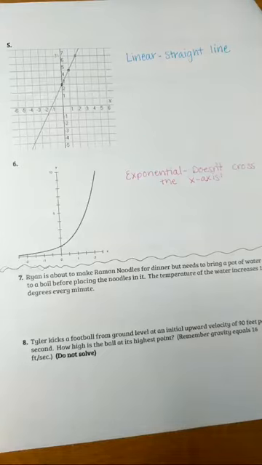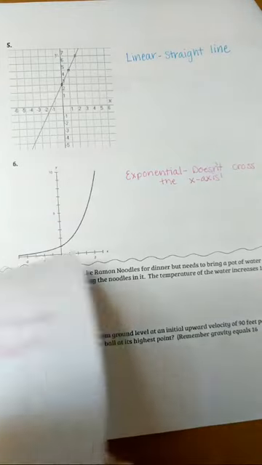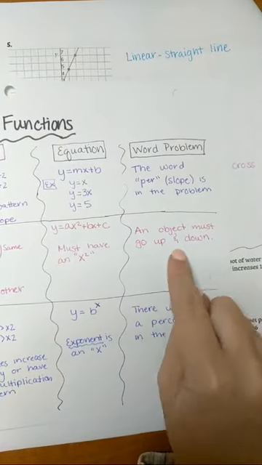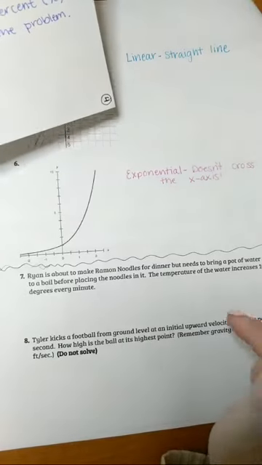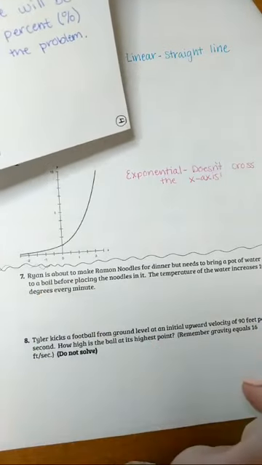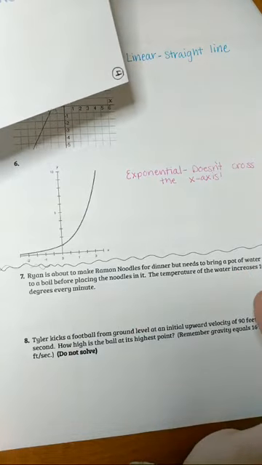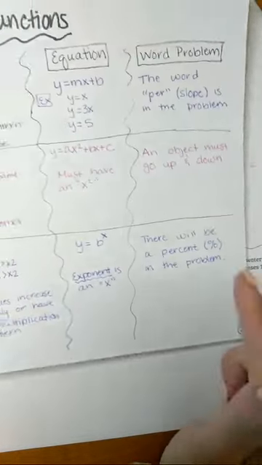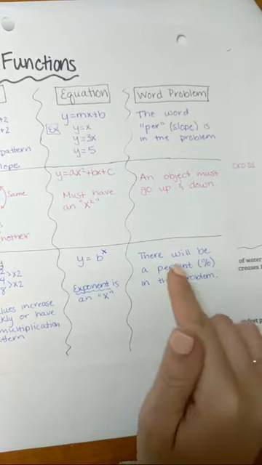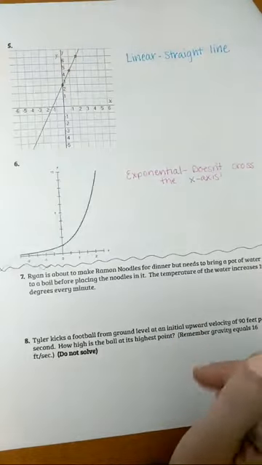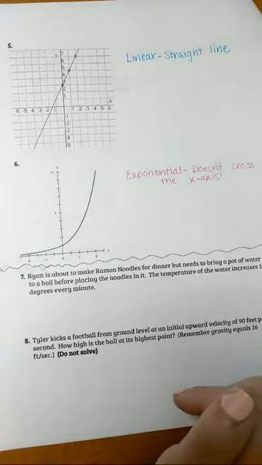And for quadratic, it was talking about an object going up and down, which we're not talking about. We're just talking about boiling water, and that's just going up. It's not going up and down. And exponential has a percent in the problem, which again, this one does not have.